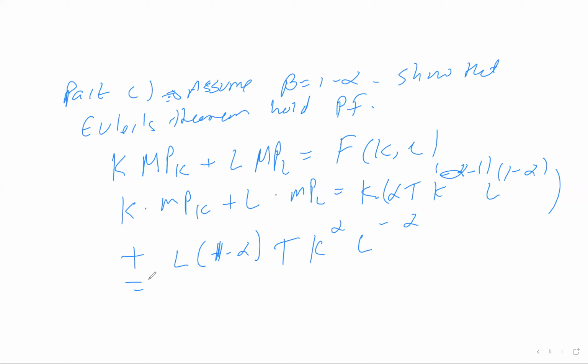If we rearrange this, it becomes alpha T K to the alpha L to the 1 minus alpha, plus 1 minus alpha times T K to the alpha L to the 1 minus alpha.